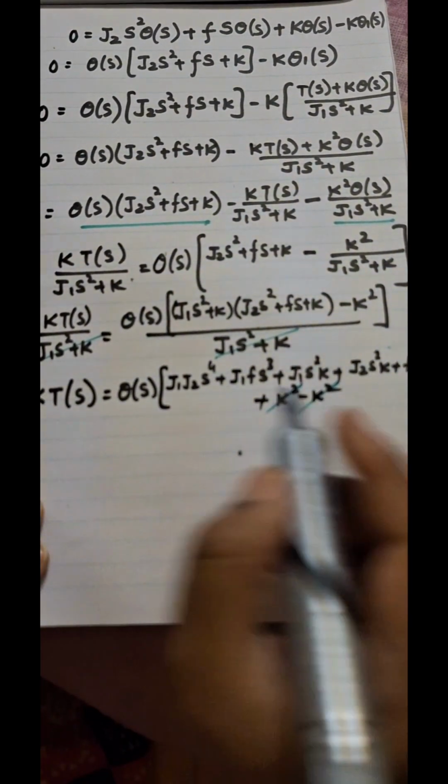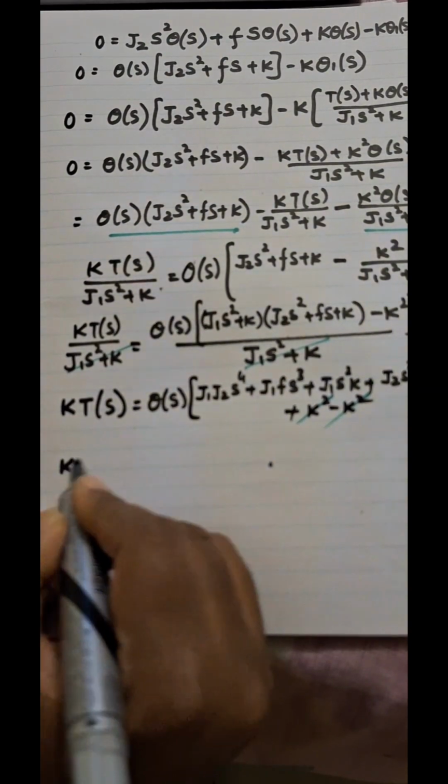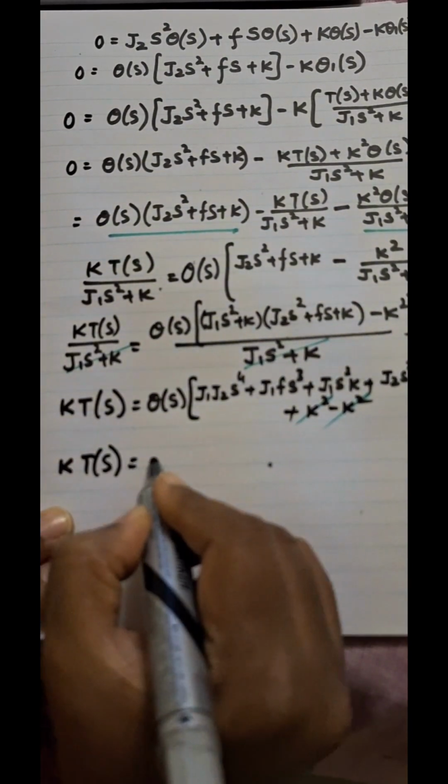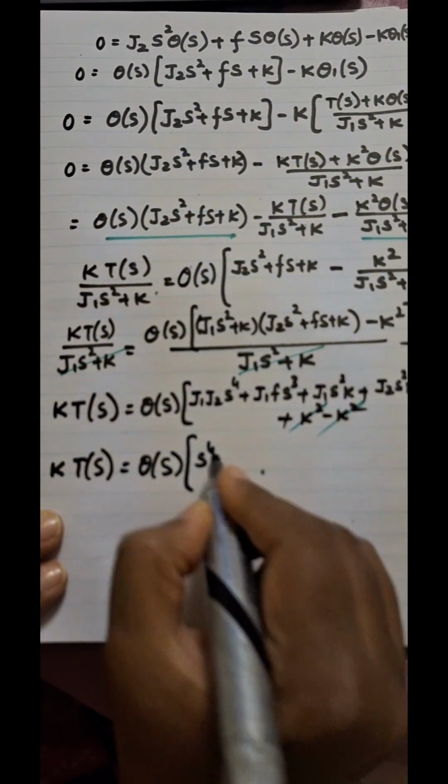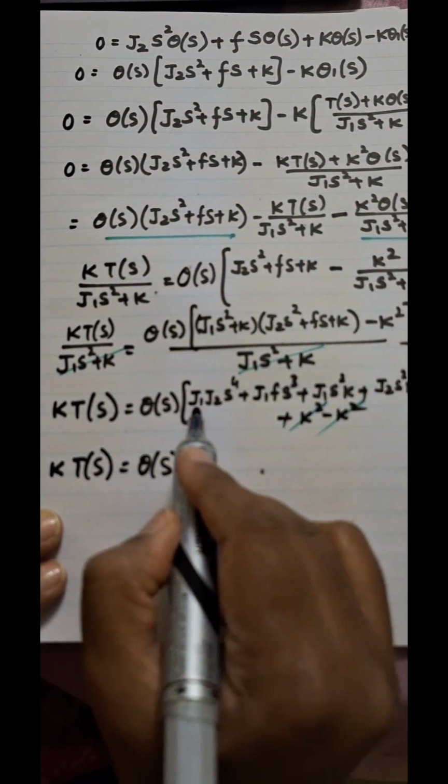So now here, K T of S is equal to theta of S into, first I should find what is S power 4. S power 4 I have only one term.